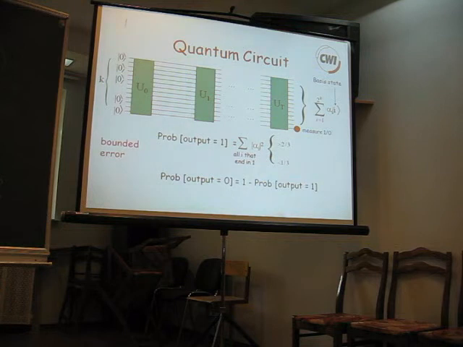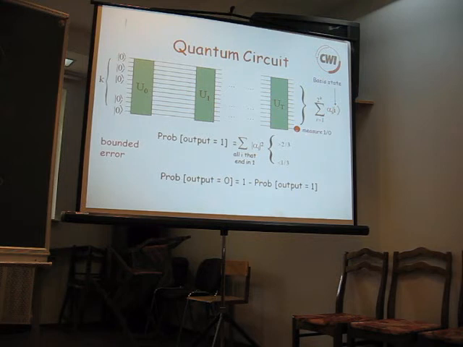Let's compute. This final state that I have here can be written by decomposing it in my basis states. So it's an arbitrary sum. Suppose that I have k qubits here, of all 2 to the k basis states with some amplitude in front of it.